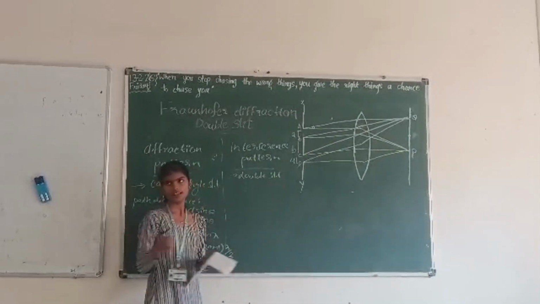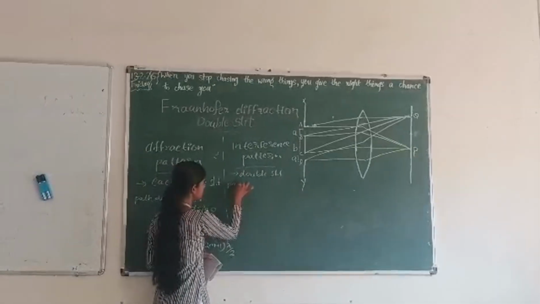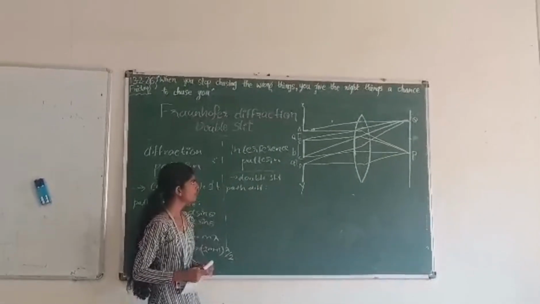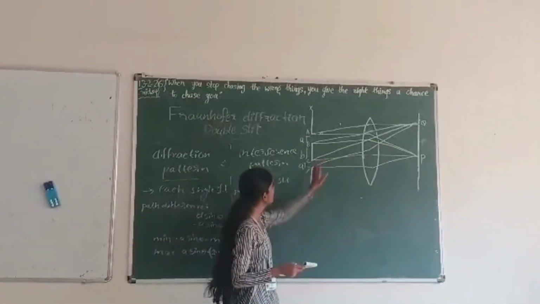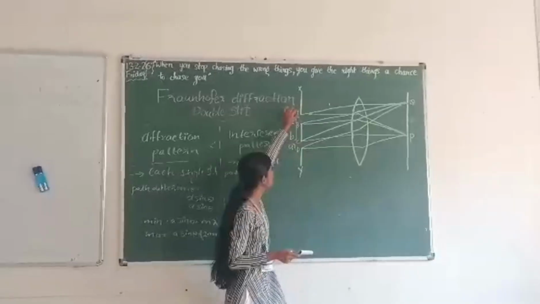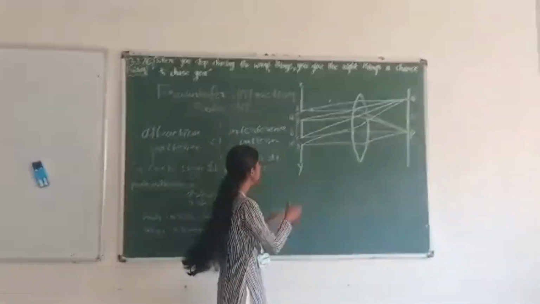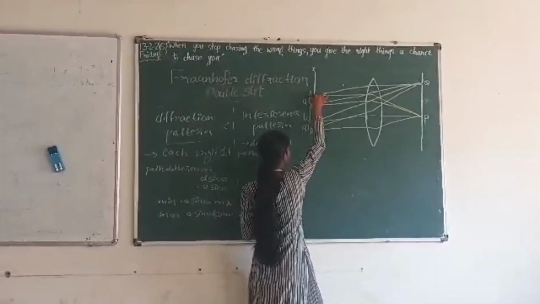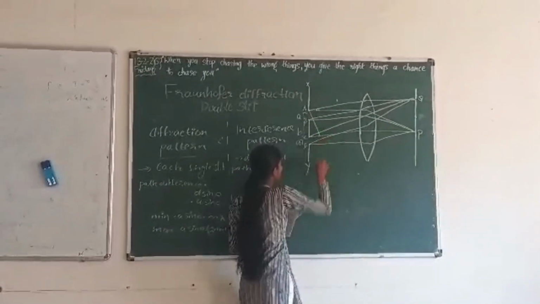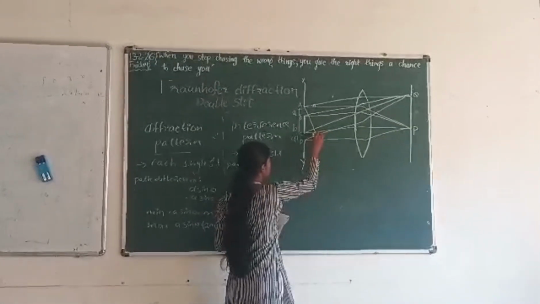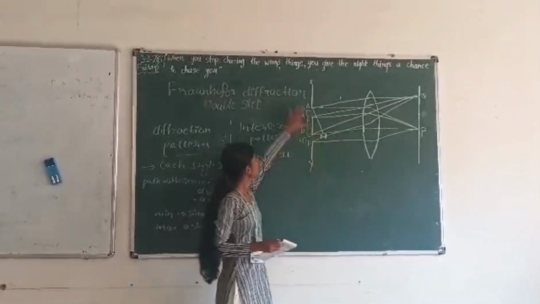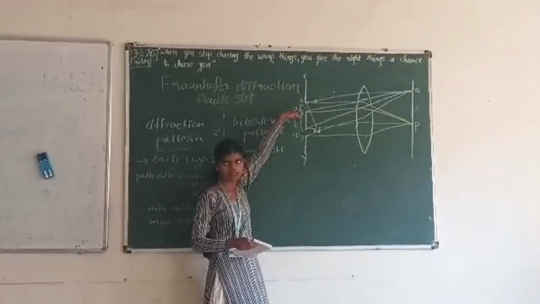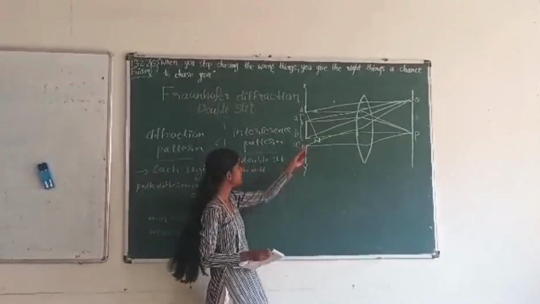Next we have to find the path difference. So we are considering a right angle triangle here. Here we draw a normal. We are taking the top position of the slit AB and the top position of the slit CD.